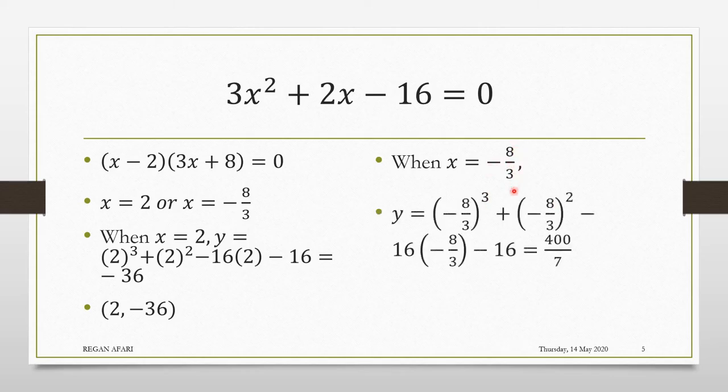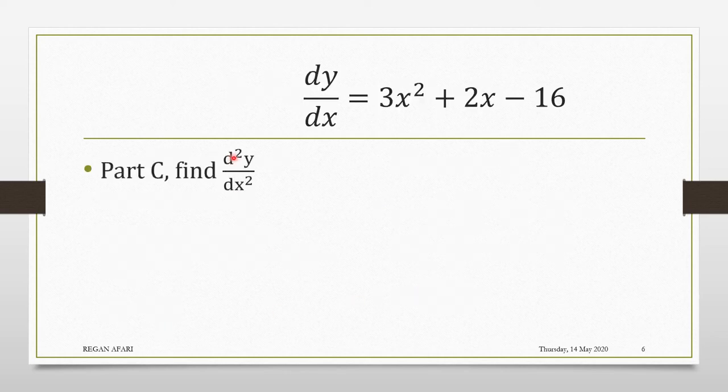So y will be 400/7, okay? Of course, you might want to convert it into a mixed number, that's fine, or mixed fraction, however you call it, is acceptable. But I want to work with this. Okay, so I will write my coordinates as this. So these are the two turning points that I'm looking for, all right?